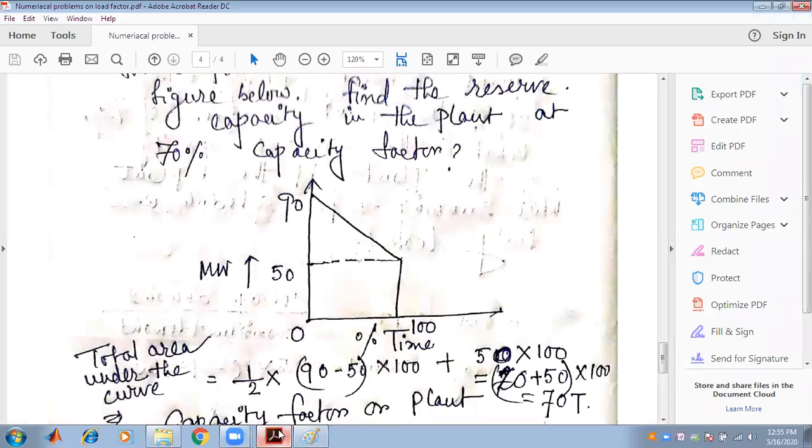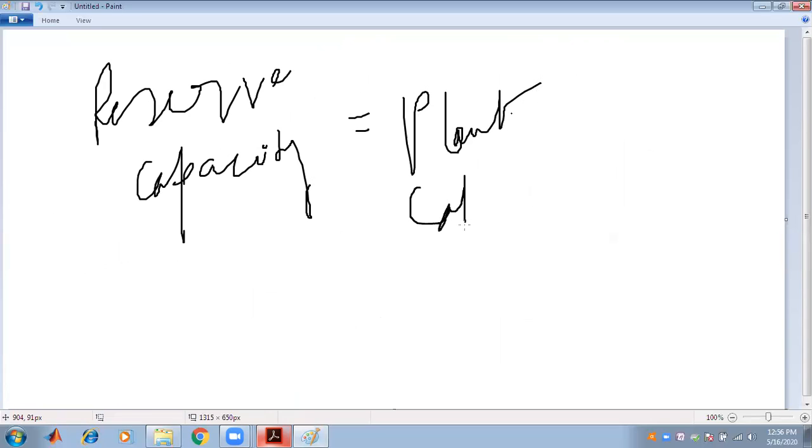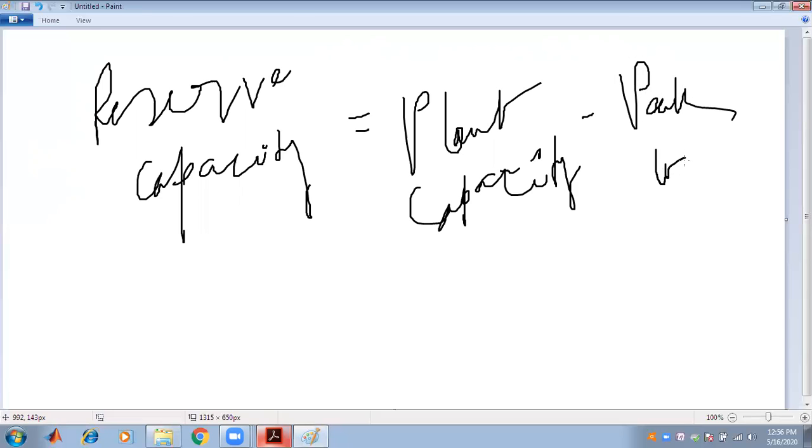So what we have to find is the reserve capacity of the plant. Reserve capacity of the plant can be found as plant capacity minus peak load. The plant capacity we have just found is 100.